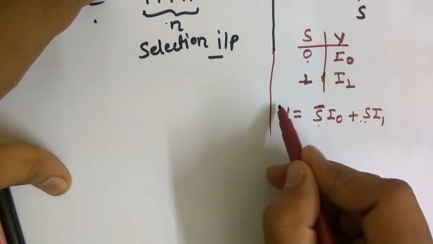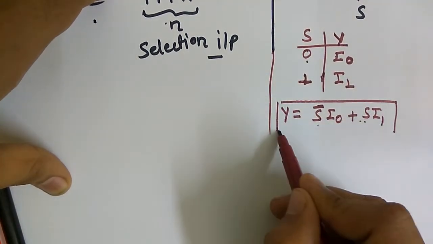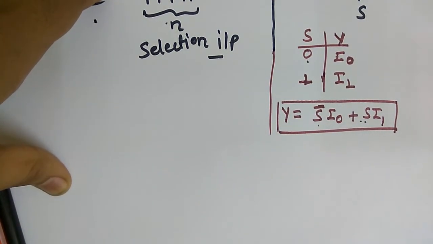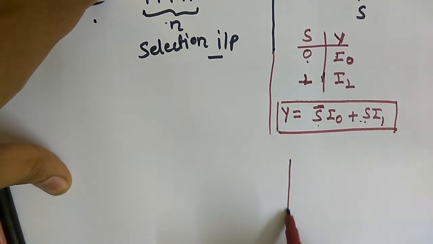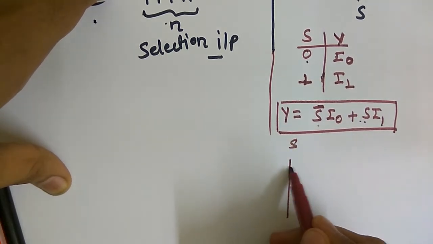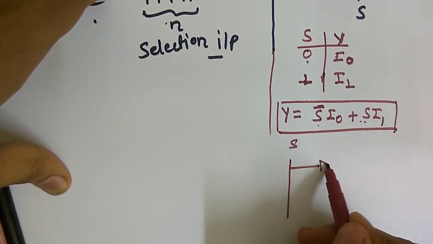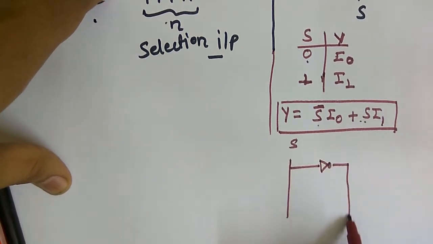So this is the expression for the 2 raised to 1 mux. If we have to implement it, we take S and also S bar.